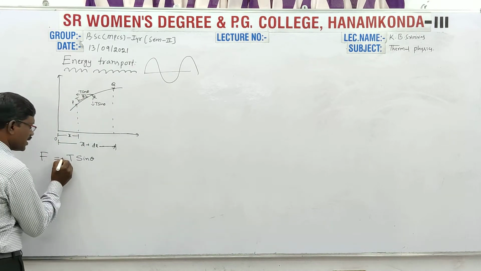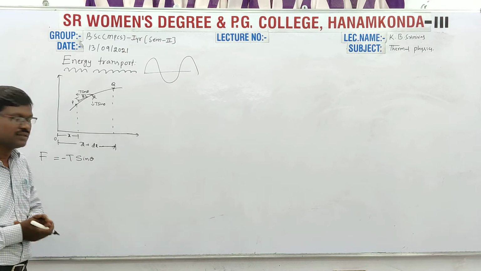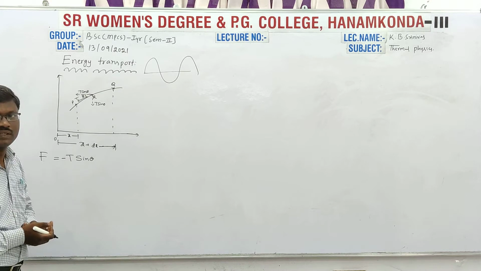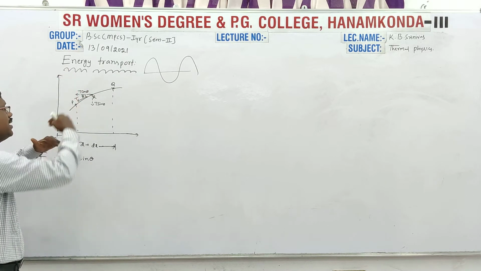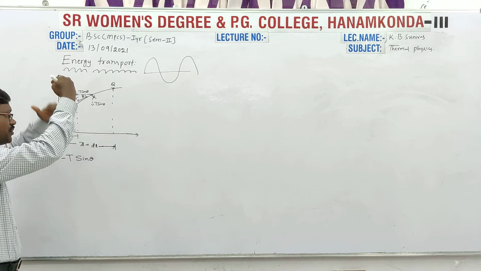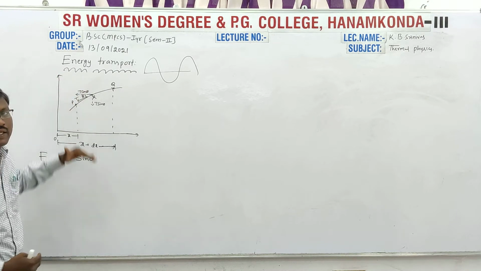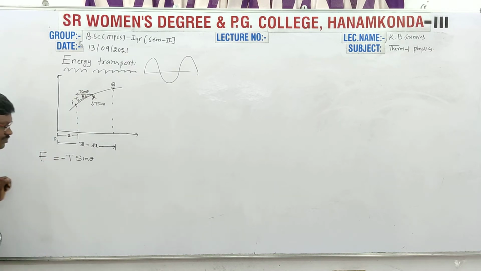Here I am considering a negative sign. The negative sign indicates this tension force is opposite to the displacement. Displacement is along the positive y direction and this tension force acts along the negative y direction. Both are in opposite directions. That I am representing here.